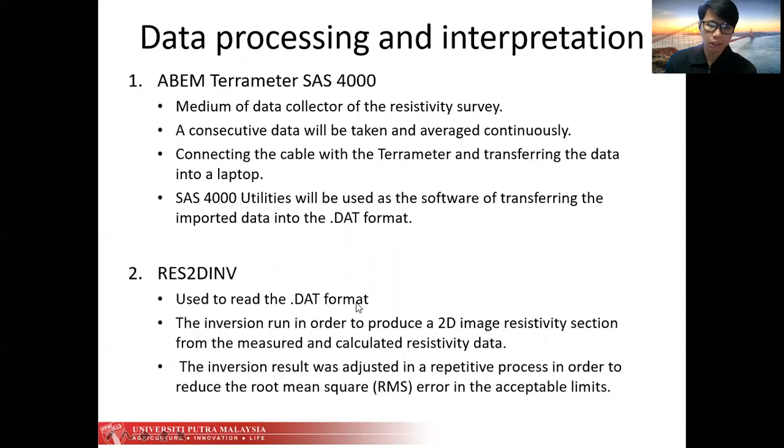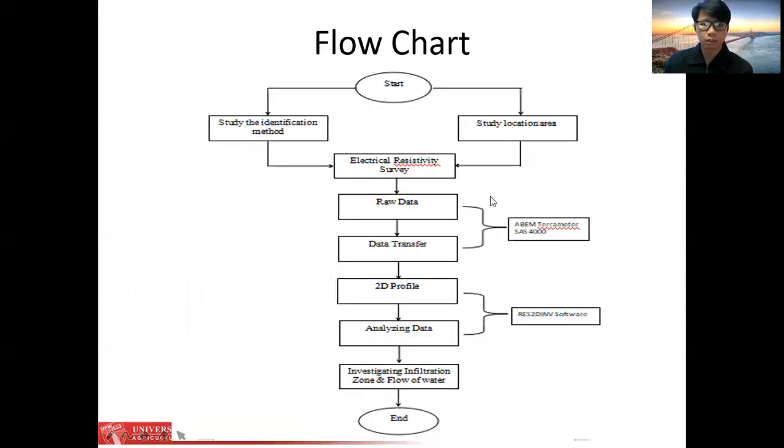Then the DAT format is read using the RES2DINV software to produce a 2D image of the resistivity section. The 2D image will be adjusted in a repetitive process in order to reduce the root mean square, or RMS, error to within acceptable limits.